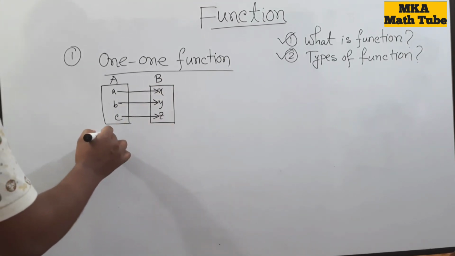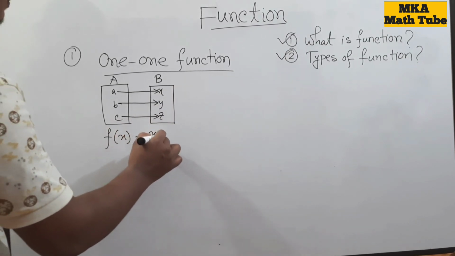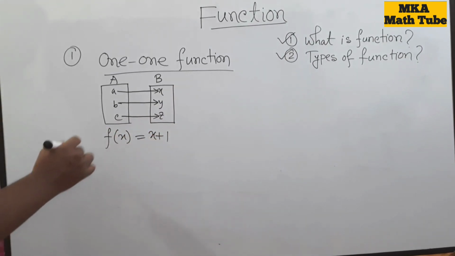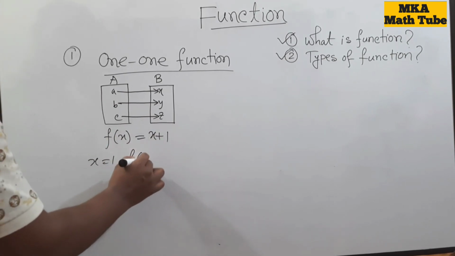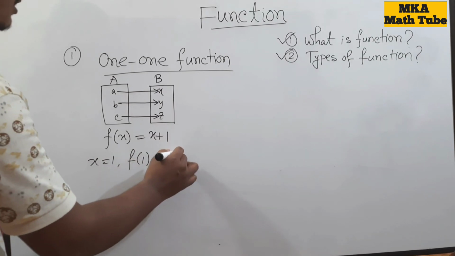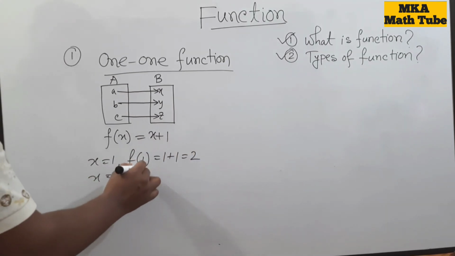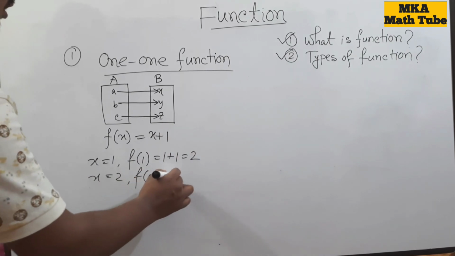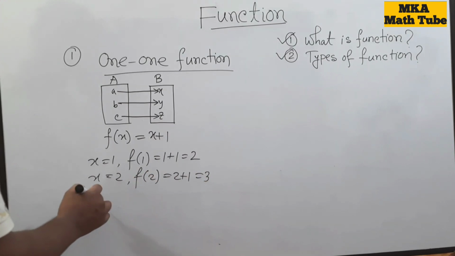Let's say f of x equal x plus 1. If x equal 1, then we get f of 1 equal 1 plus 1, that is 2. If x equal 2, then f of 2 equal 2 plus 1 equal 3.